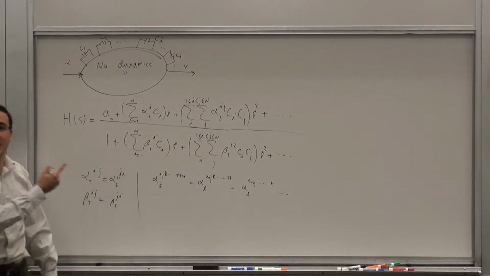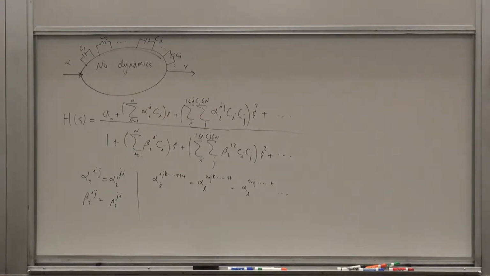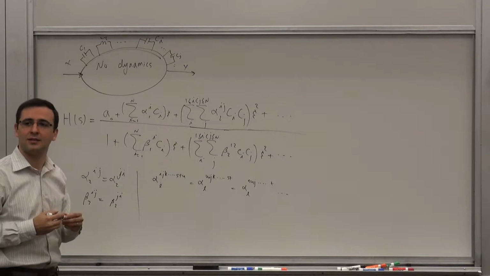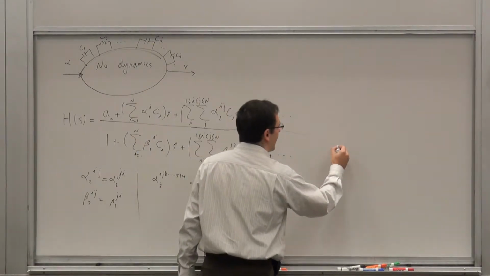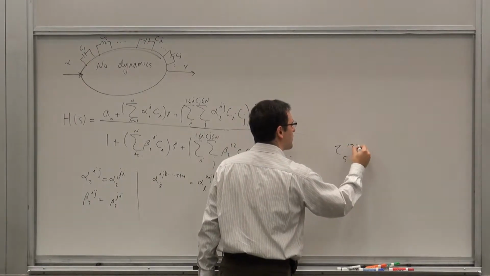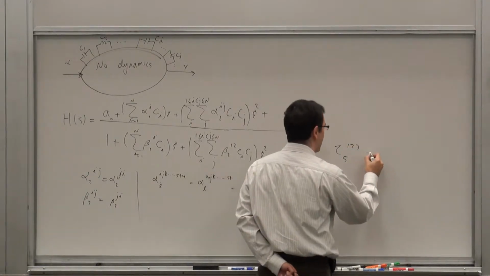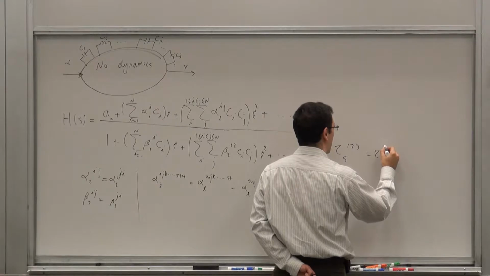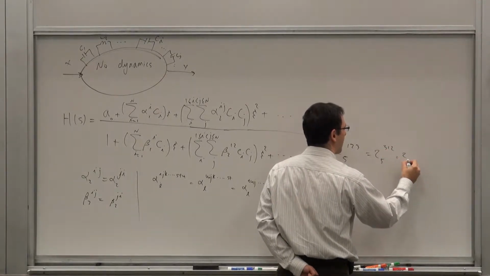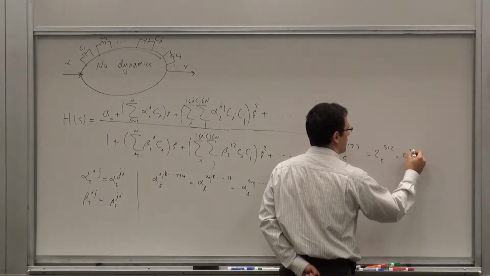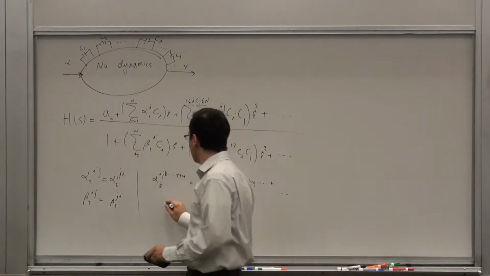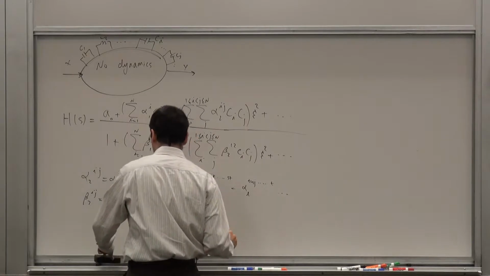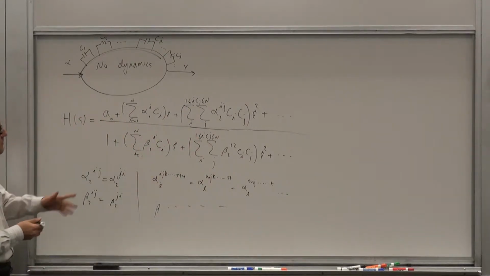So there should be a rotational symmetry. In other words, tau 5, 1, 2, 3 should be the same as tau 5, 3, 1, 2, which should equal tau 5, 2, 3, 1. And the same thing for betas.